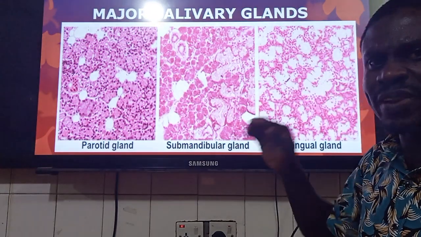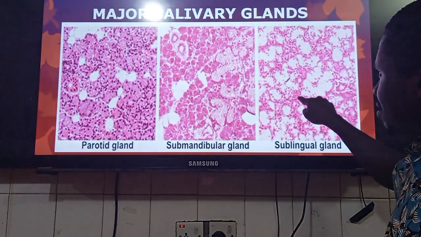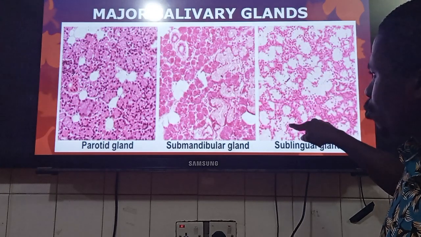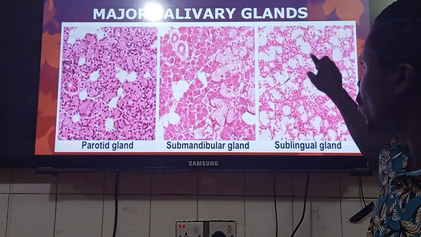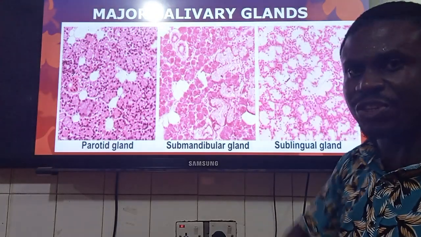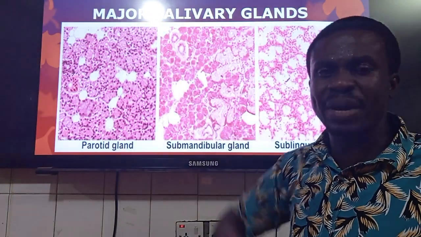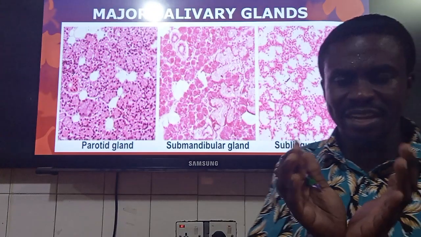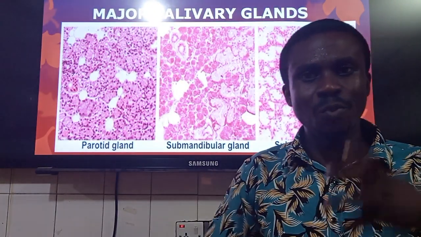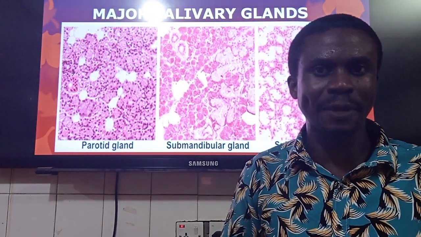And then in the case of the sublingual gland, yes, you can see the serous secretory units, and you can also see the pale staining areas, which are numerous compared to the serous secretory units. In addition, with the submandibular gland, you may see a mixed secretory unit, where you have both serous and mucous cells.